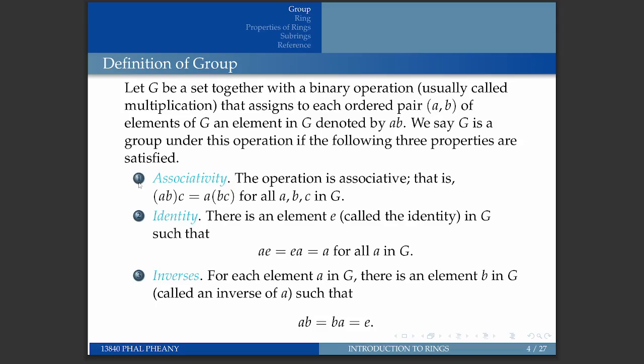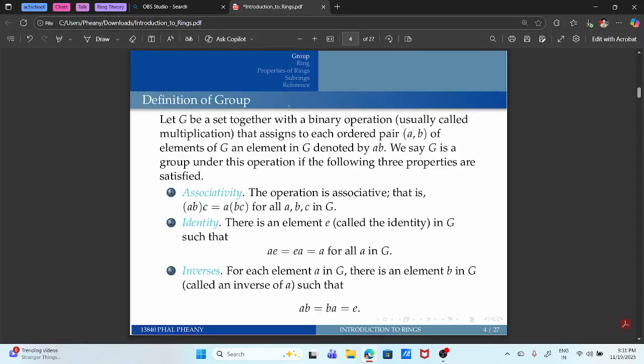The first one is associativity. The operation is associative. We can write it as (ab) times c equals a times (bc). This is in the case of multiplication, as I said. How about addition? Addition is quite similar.